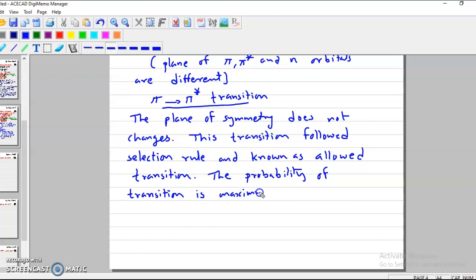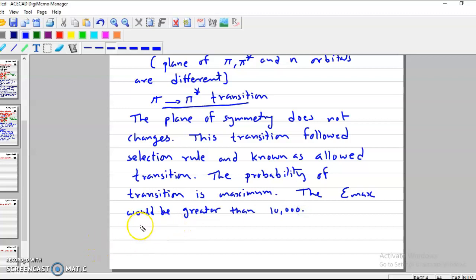And therefore, the value of epsilon maxima would be greater than 10,000.